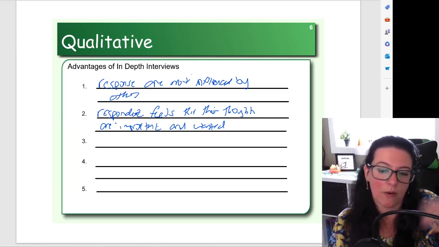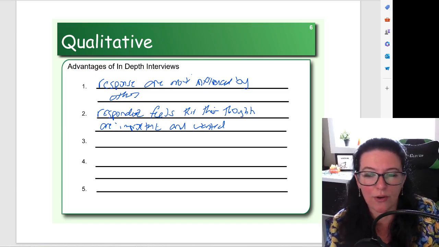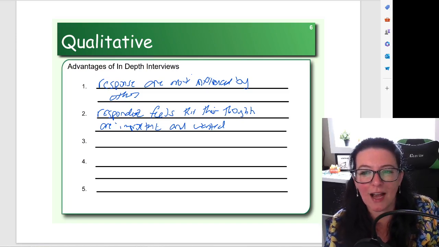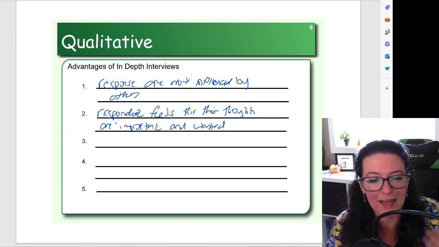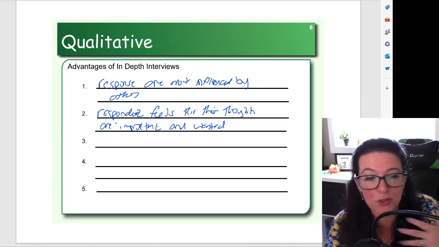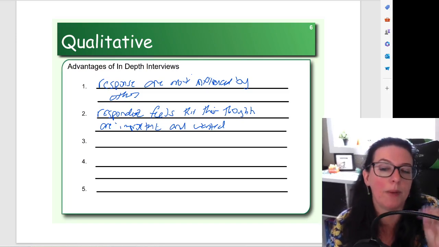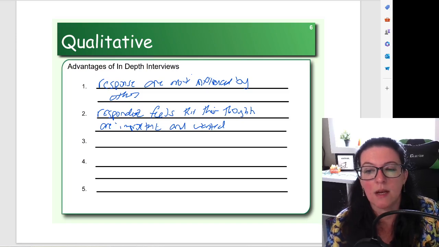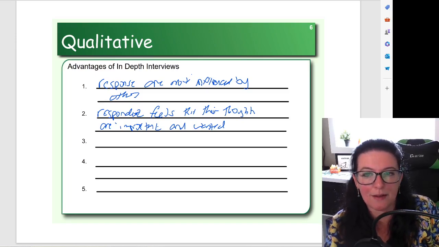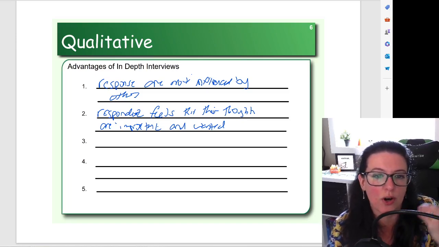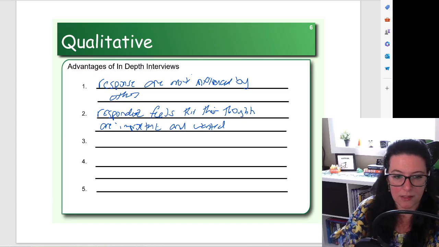So instead of just, anybody fill out the survey, or, let's fill seats in your focus group, here you've often identified, you may have put out a call for people to participate in your research, but you're reaching out and saying, okay, we want to hear from you specifically because you represent a certain group or a certain perspective. And so respondents feel their thoughts are important and wanted, and you, the researcher, are spending all of that time focused solely on them and their thoughts.